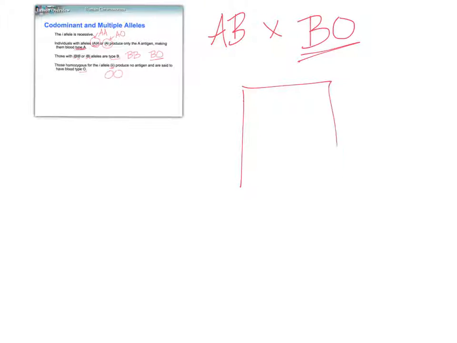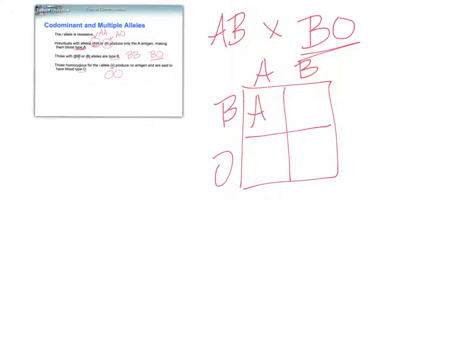So let's push that off to the side, and we'll go through and do a practice problem. Let's say a man who's AB is going to marry and have kids with a lady who is BO. That stinks. And so we'll just do a normal cross here. We'll pull things down.